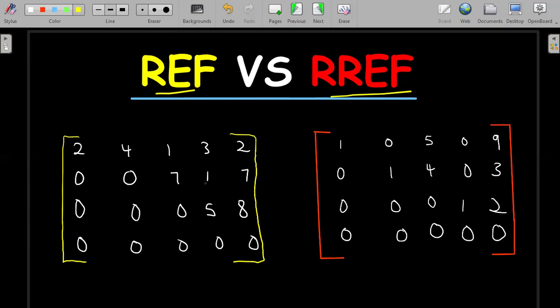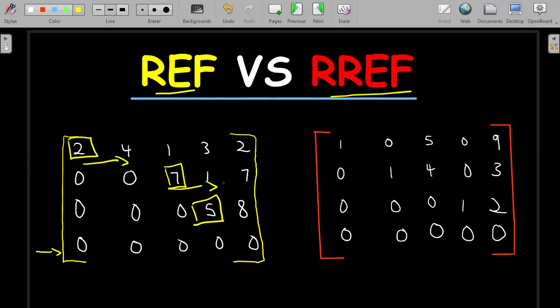Let's recap. In row echelon form, the zero row should be below, and the pivots should be to the right of the pivot in the row above. These are the pivots, the ones I've put in yellow. We can see the other pivots are to the right like that, and the zero row is down there.